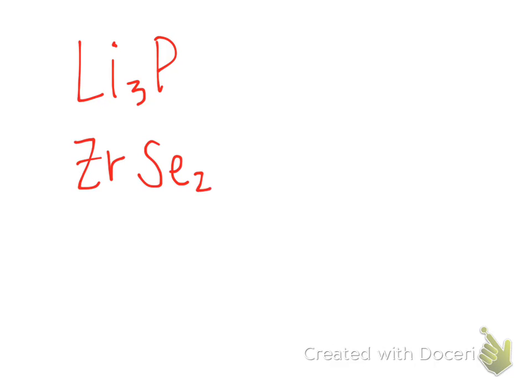Okay, so there's 3 there. I did the work for you and balanced it for you. So now you're going to give me the written name.